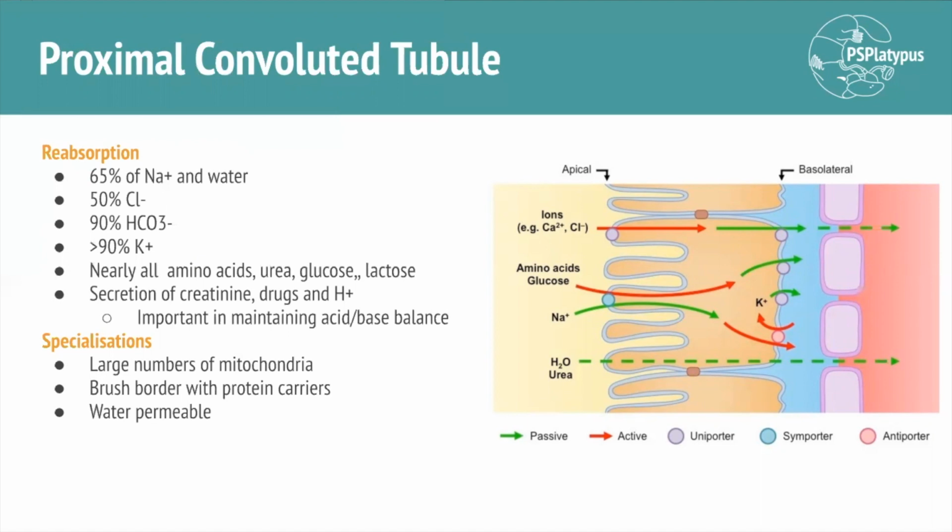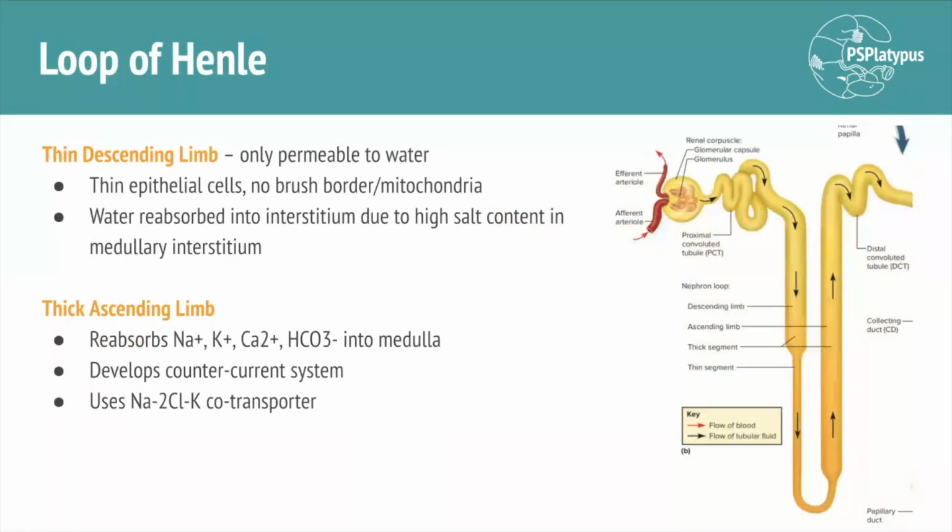This allows for greater surface area, and as we know, greater surface area equals greater rate of diffusion, allowing for fluid to be reabsorbed back into our body. In addition, this area would also have large numbers of mitochondria to facilitate the active transport that is required to reabsorb these compounds.